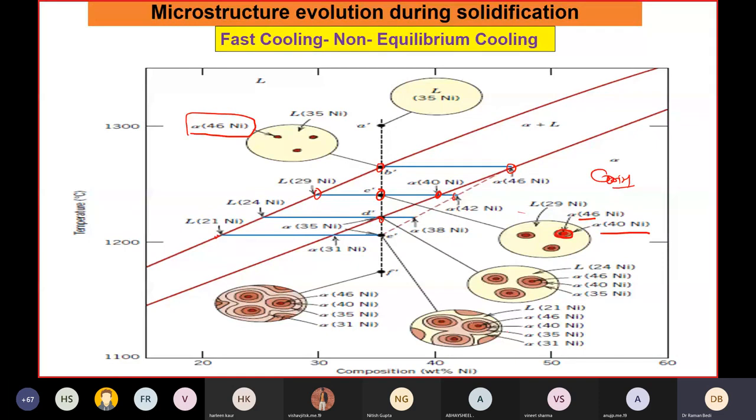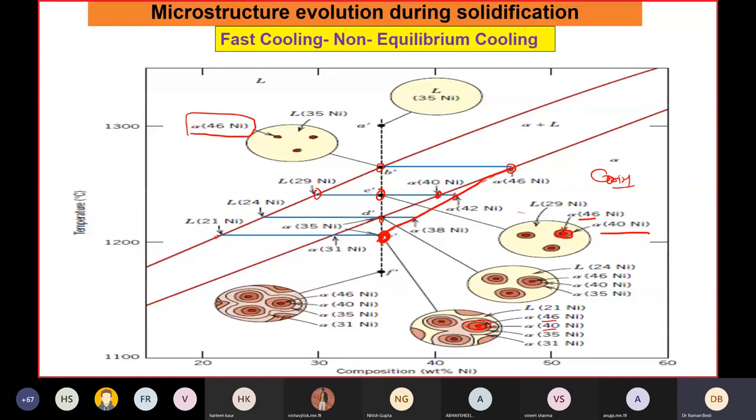What you observe is that the grains do not have the same concentration of nickel, but different ones. Initially they started with a higher one, then you start reducing it, then you keep reducing it. So you may not land up at this point, but you follow this curve and you may land at this point here.